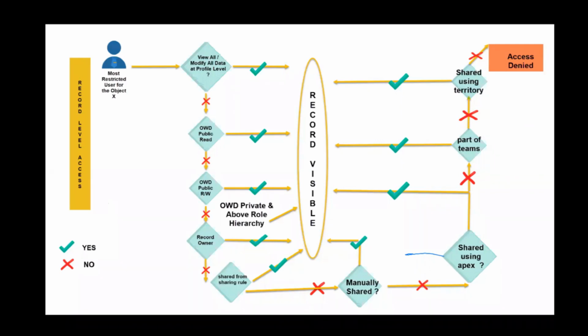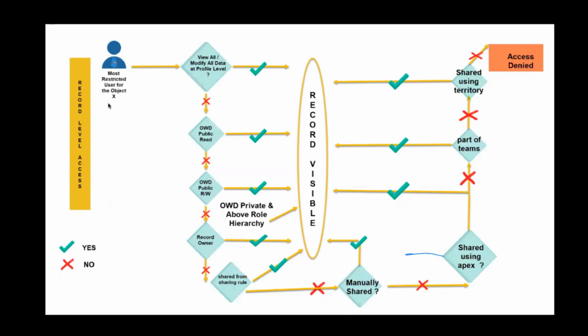Okay, I think no one has any questions, so we'll see here. Again, there is a user who is the most restricted user for object X. That might be a custom or standard object. The first thing that Salesforce will check, if a user is trying to access a record for object X, is whether that user has modify all or view all data at profile level.